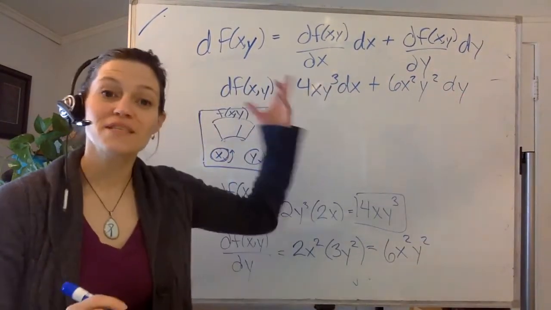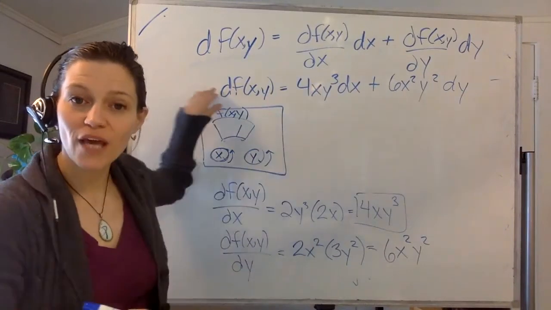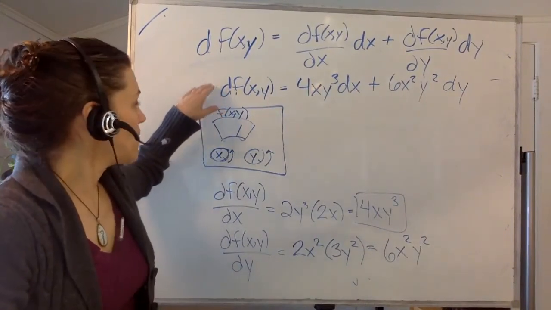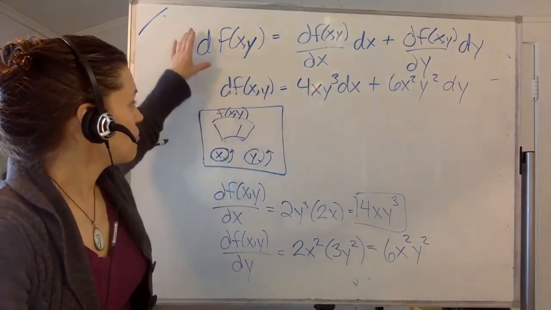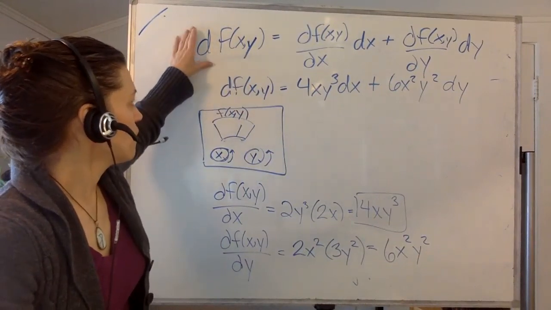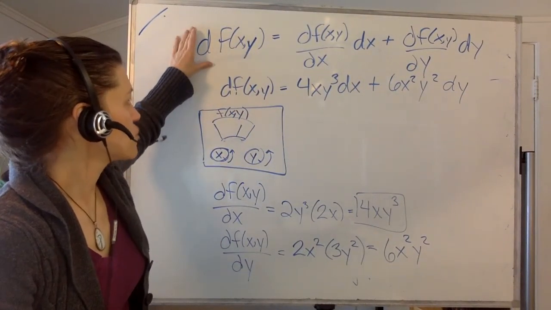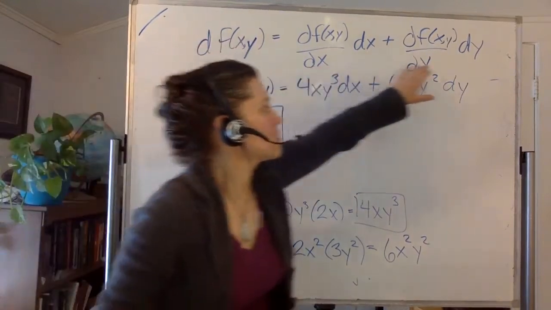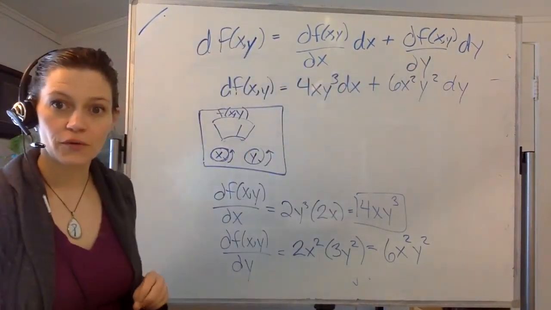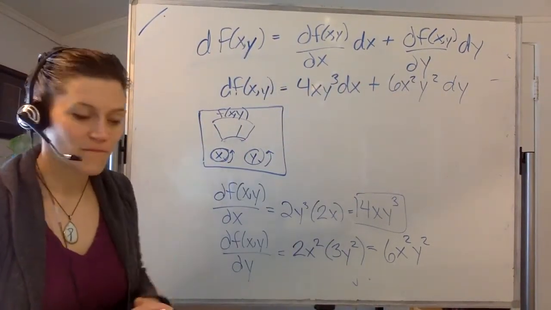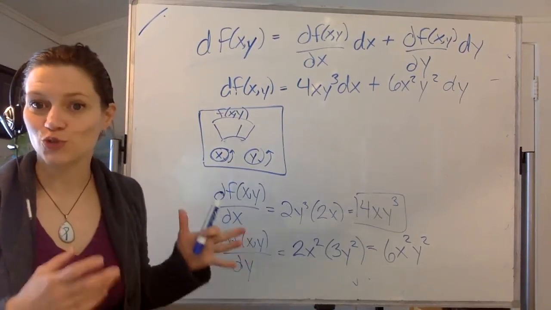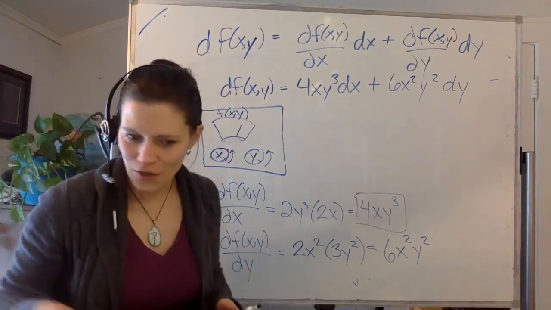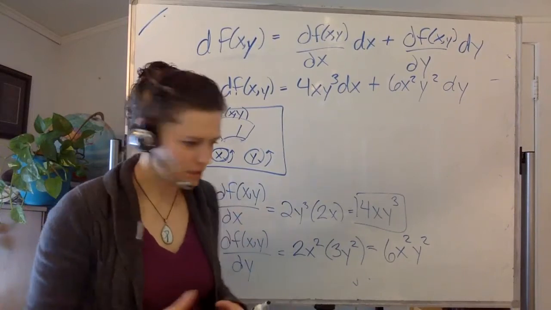Cool? This might not look like much, but now we have a function based on how much the function f of xy changes with respect to each of the variables. Cool?